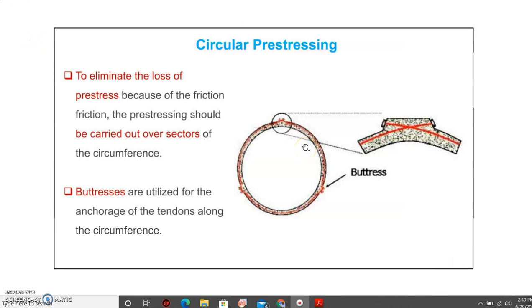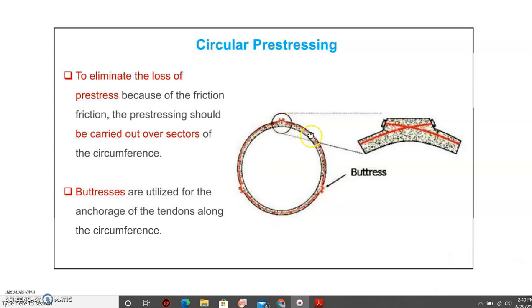Losses of pre-stress happen due to friction in the linear pre-stressing method. To avoid the losses, circular pre-stressing can be adopted. Circular pre-stressing is applied over sectors of the circumference. See, this is a circumferential member. Here pre-stressing is adopted over a sector.